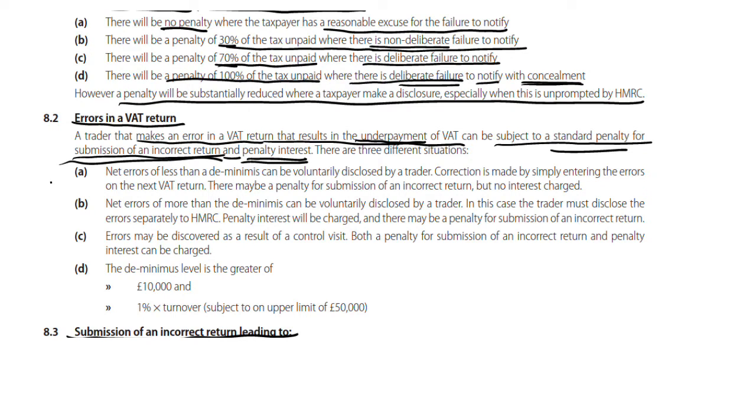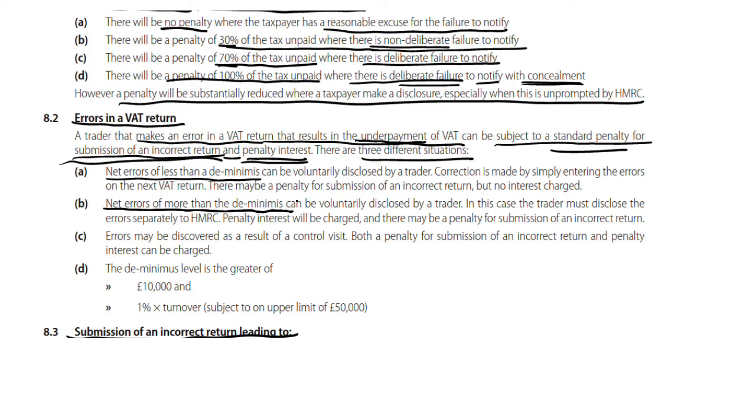The main issue that is tested, and which we need to be able to do a calculation of, is whether or not the net errors are less than a de minimis limit, or whether the net errors are more than this de minimis limit.